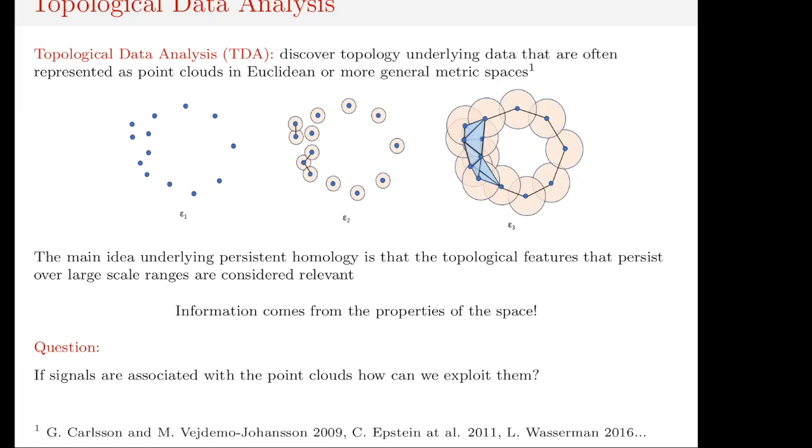But an important observation is that in topological data analysis, information comes from the property of the space, with no signal defined over this space. But an important question is, if we have a signal defined over these points, how can we exploit this signal to learn the topology?